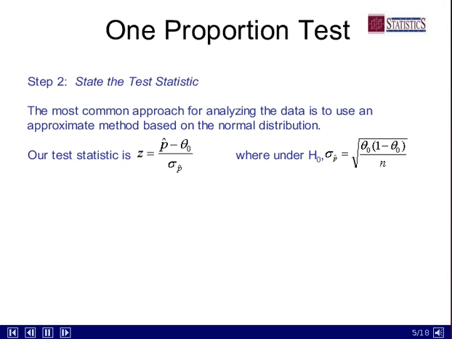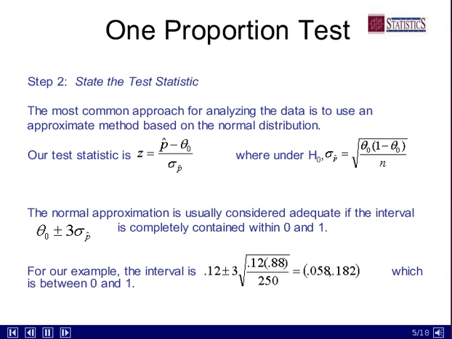In general, you would write it as some estimate, but we can write it as the square root of theta 0 times 1 minus theta 0 over n. This is because under the null hypothesis, the unknown theta is supposed to be theta 0. So under the null hypothesis, instead of using p hat inside the sigma, we're going to use theta 0.